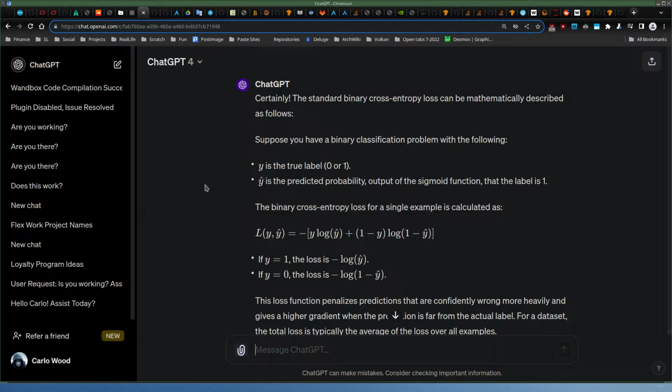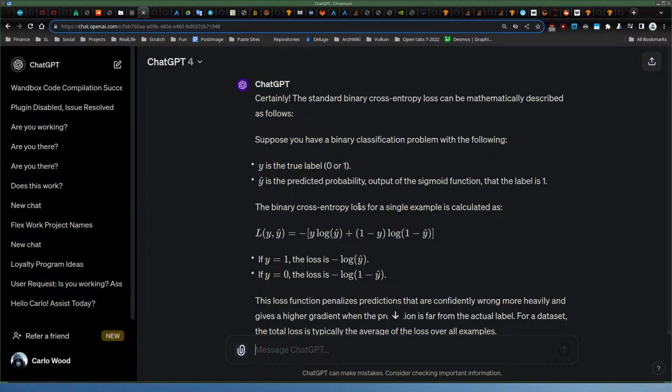A perfect 0 means that it is 100% sure that it is the 0 label, and a perfect 1.0000 means it's absolutely sure that it is 1, but when it's half, it doesn't know.